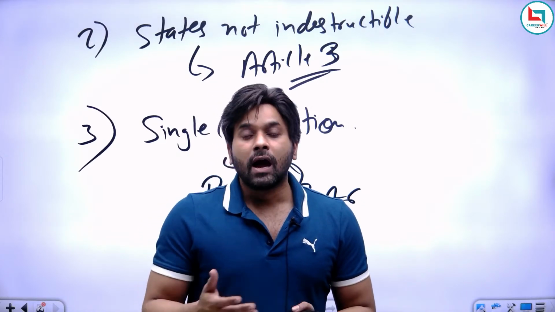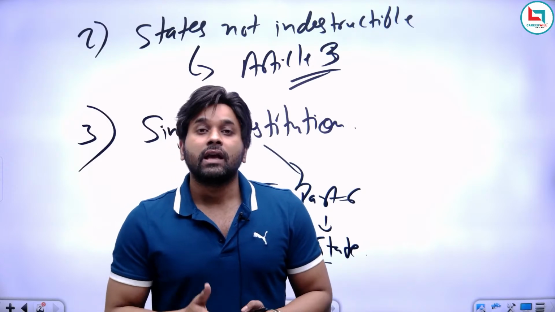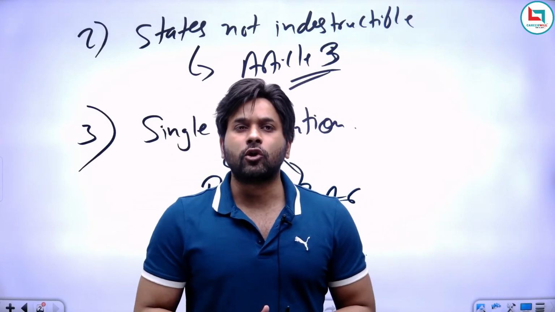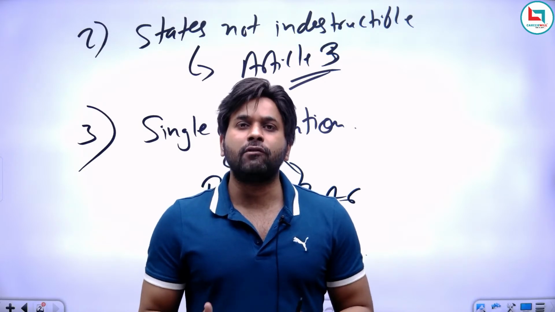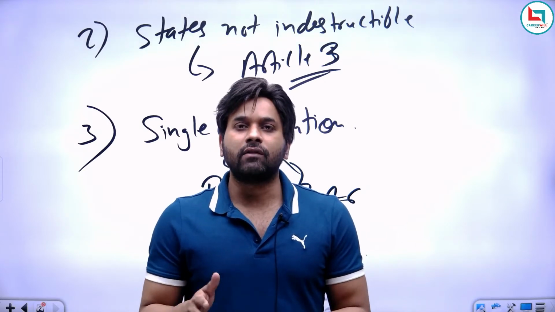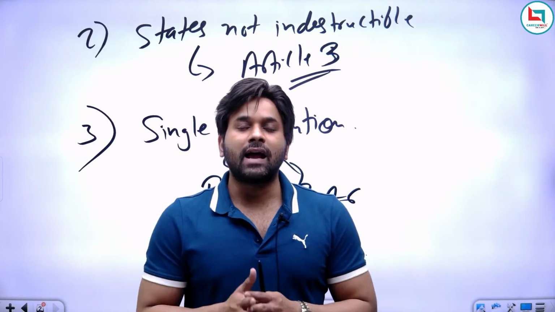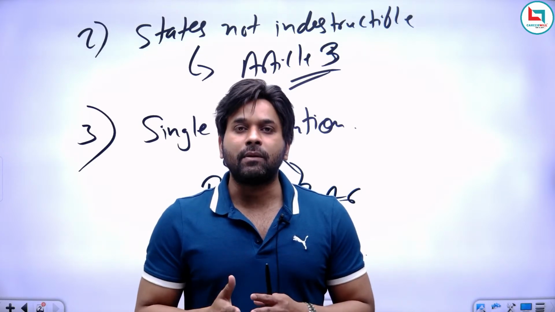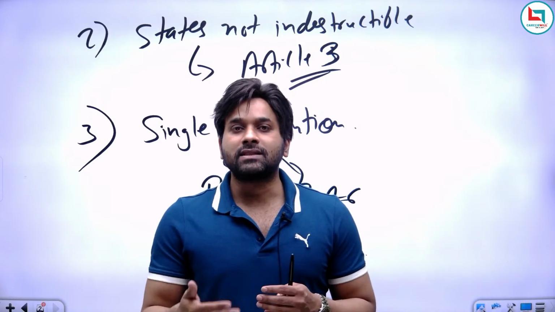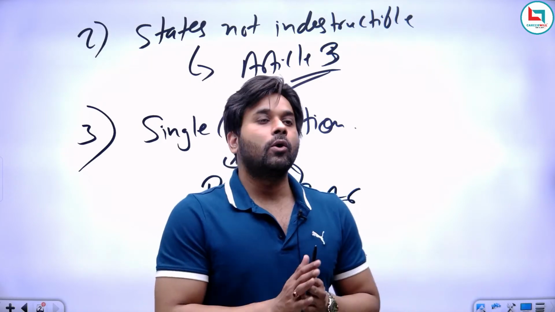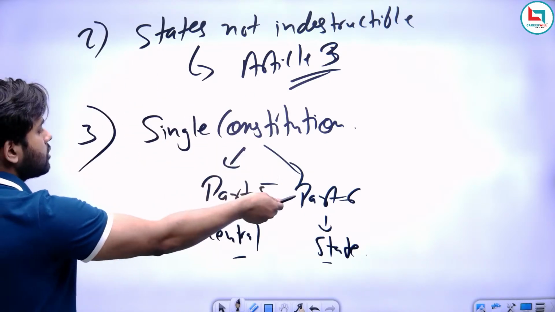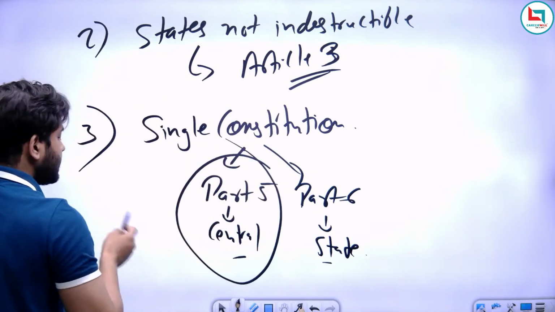Under Article 169, if any state passes a resolution by special majority, then the parliament can pass a bill for creation or abolition of legislative council. Because under Article 169, it is mentioned that a legislative council can be established or abolished in a state only when the state legislature passes a resolution in that regard. Okay, so we have a single constitution, but the power to amend this constitution is with the center.